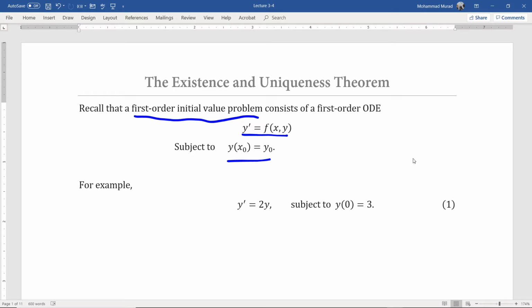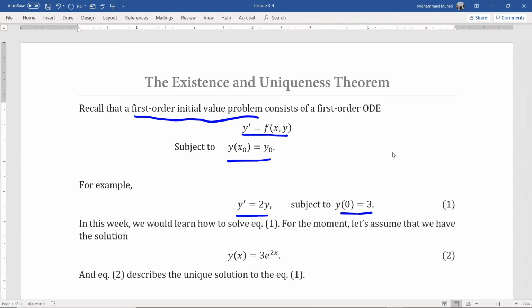For example, y prime equals 2y subject to the condition y at 0 equals 3 is a first order initial value problem. In this week, we will learn how to solve equation 1. But for the moment, let's assume that we have the solution, y of x equals 3 times e to the 2x. We can verify that this function satisfies the equation.